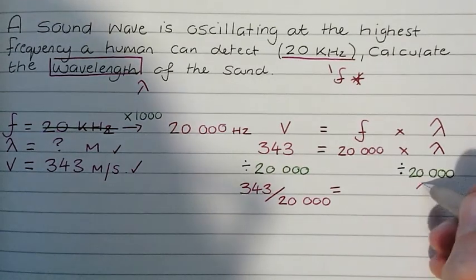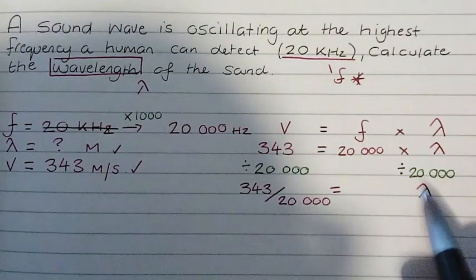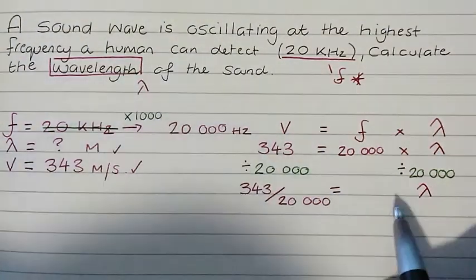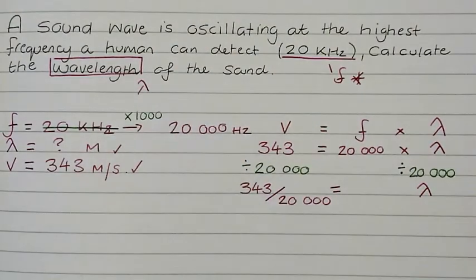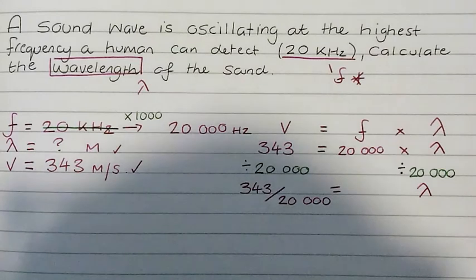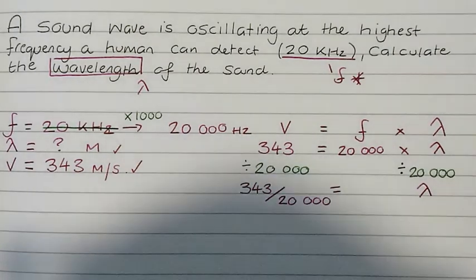So it equals the wavelength. So now the subject is on its own on one side of the equal sign. So now all we need to do is do our calculation and we should get our answer. So pause the video here, have a go at that calculation, and when you are ready, unpause it and you can check the answer.